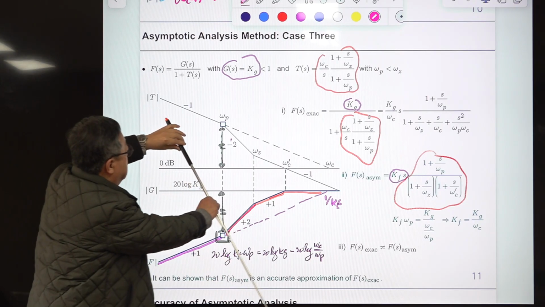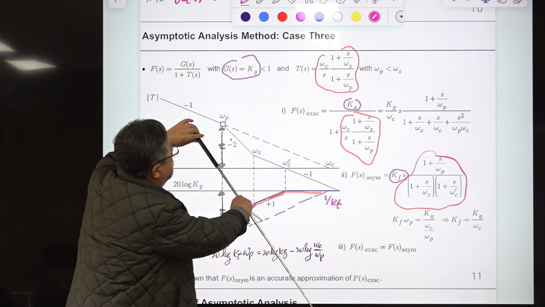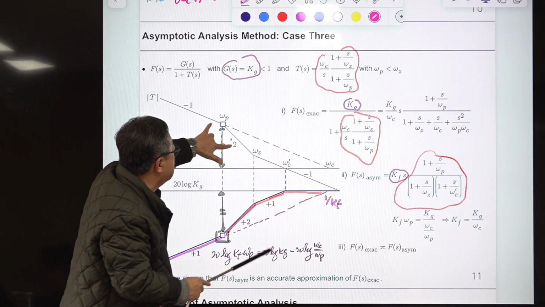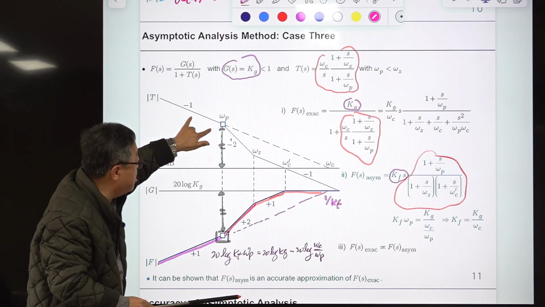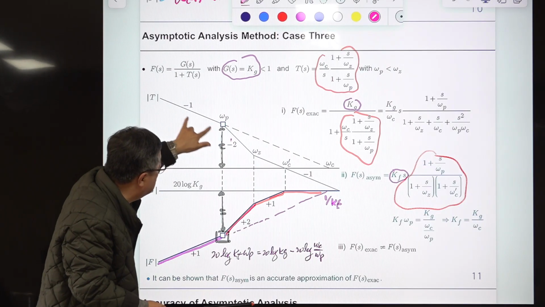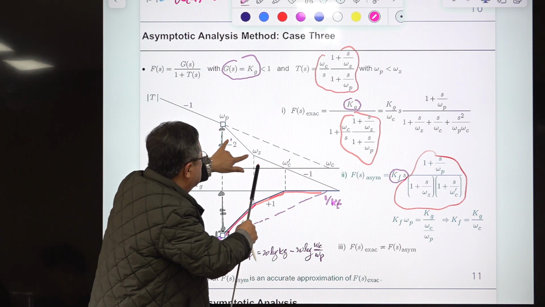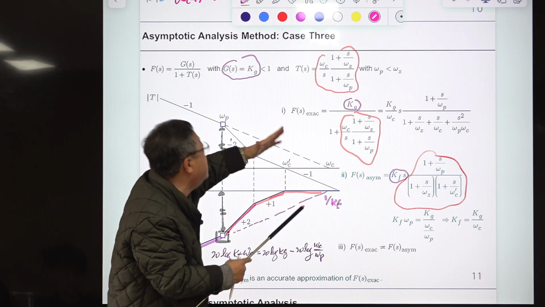So 0 is reducing, one pole comes first. So the pole is increasing this slope from -1 to -2, and at this frequency there is a 0. Then the slope is changed, increased by 1.